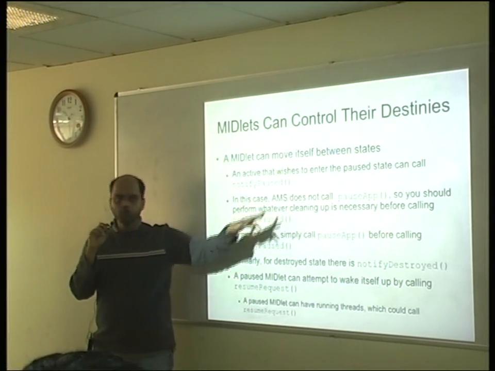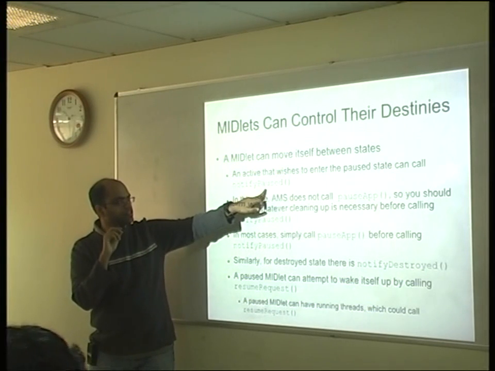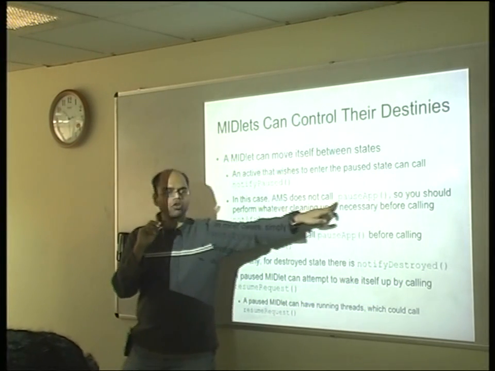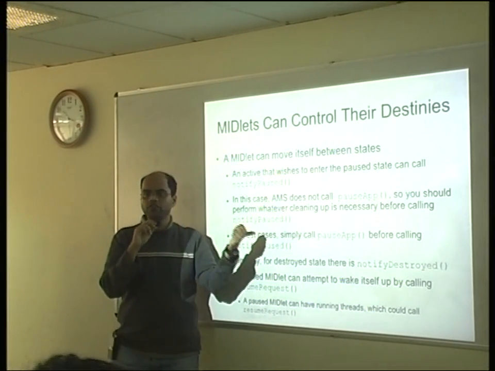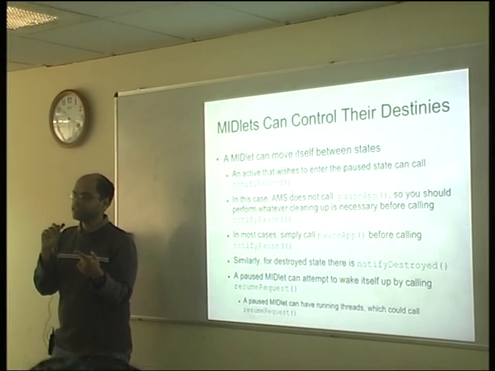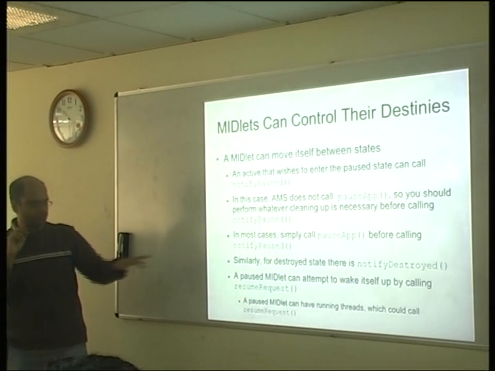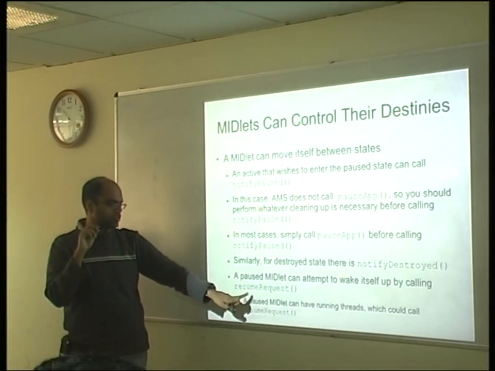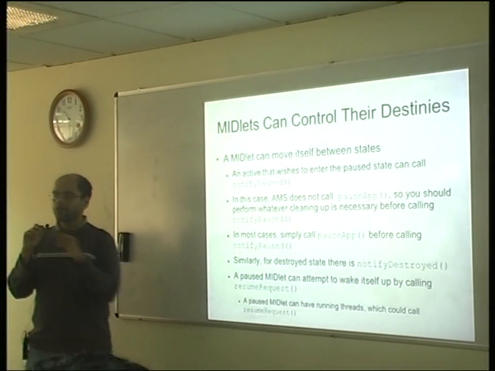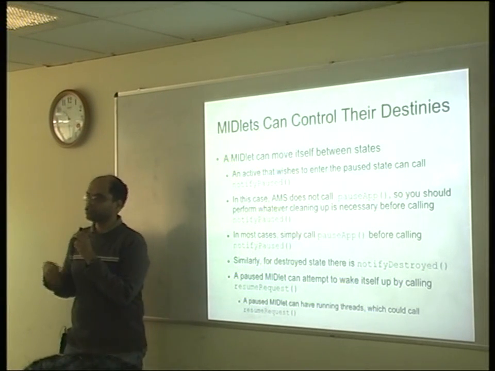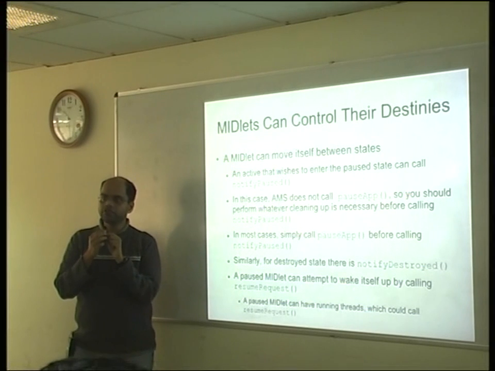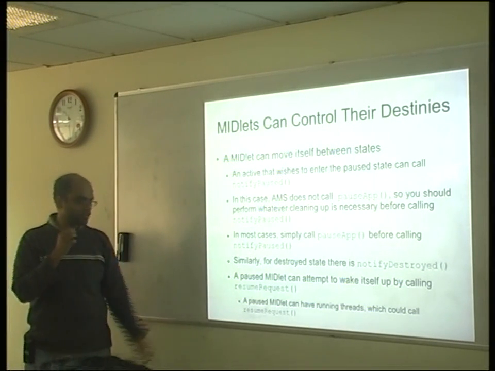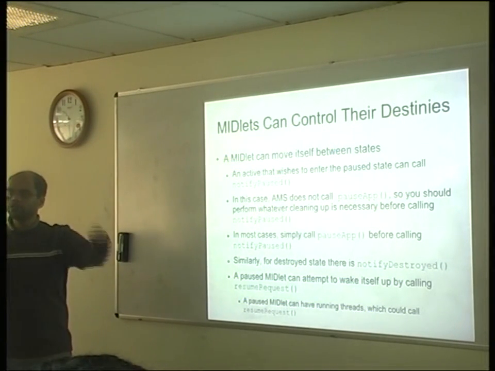Before calling this method, one way is to call pauseApp yourself, do all the housekeeping things, and then you call notifyPaused, and the application will be in the pause state. Same thing you can do with destroy. The application can itself go from the active state to the destroyed state. You can say notifyDestroyed and it will be destroyed. So the application also has control over its state changes.